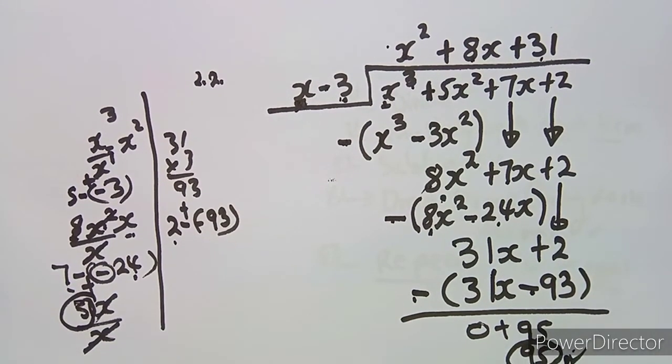So you just leave it like that. So these are the stages that we're supposed to take. So whenever you obtain 0, it means it's a factor. If you obtain a certain number like 95 or whatever number that you can get, it means that was not a factor. Okay, so that's how you are supposed to do it.